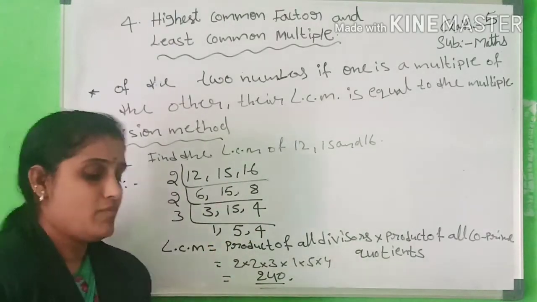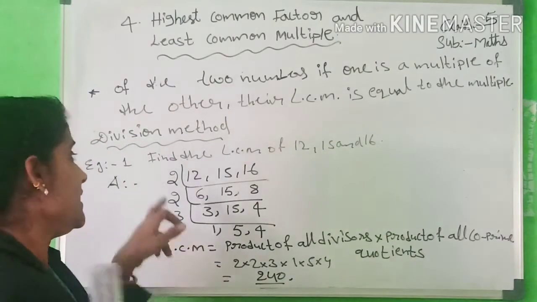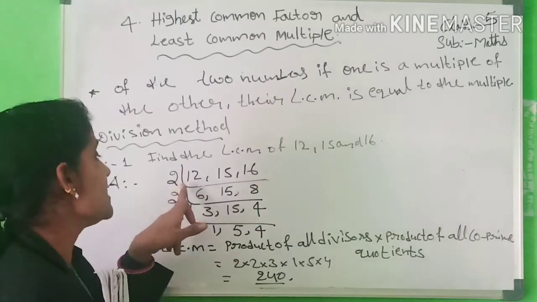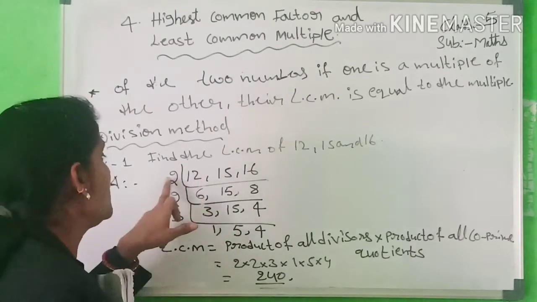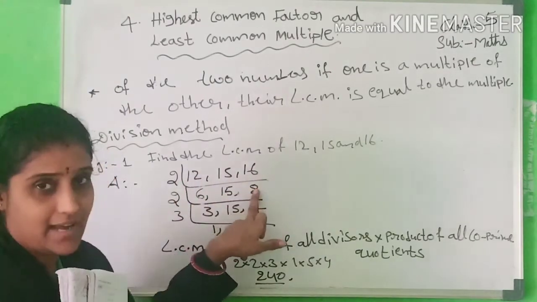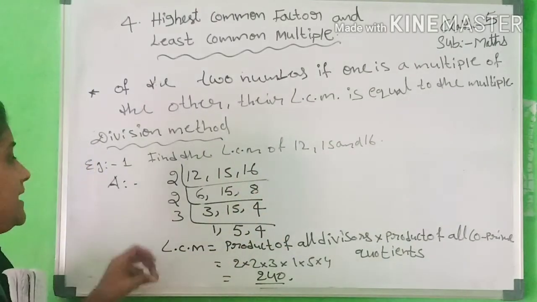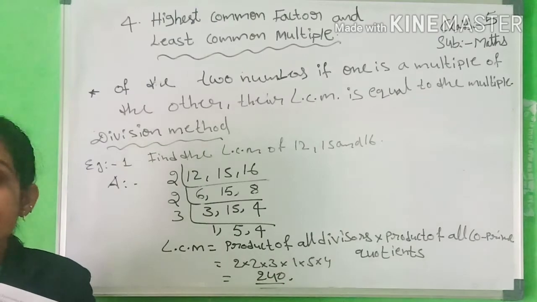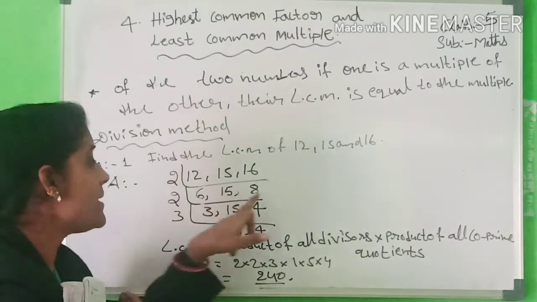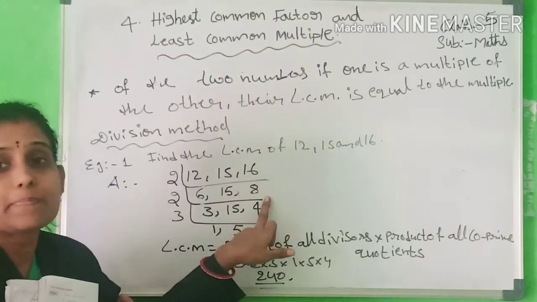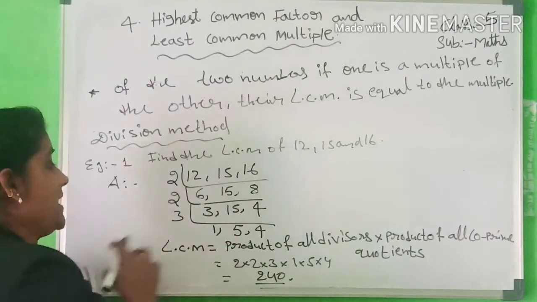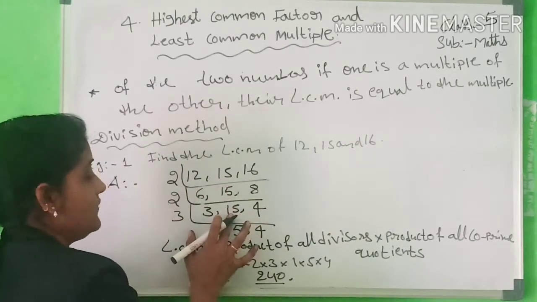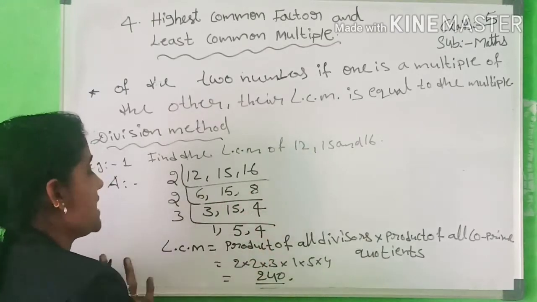Okay, children. Divide by any common number, 2 or 3. I am doing the division by 2. 2 6s are 12, 2 8s are 16. Then 6, 15, 8 do not have any common factor, but 6 and 8 have 2 as a common factor. You have to do division. 2 3s are 6, take down 15 like that only. Next, 2 4s are 8.